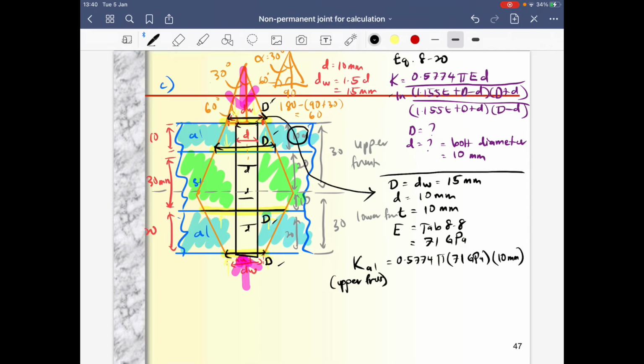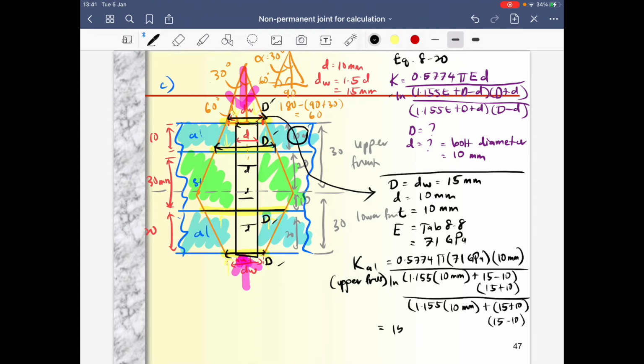I maintain the unit so that whenever you press the calculator, I recommend changing everything to SI units, which is meter, because gigapascal also relates to the meter. Okay, then 15 minus 10.